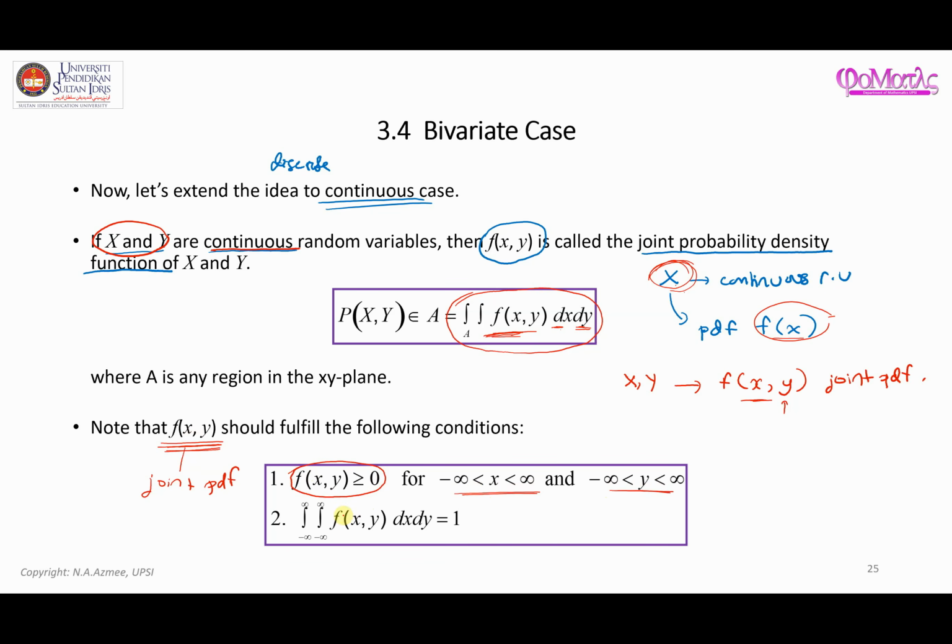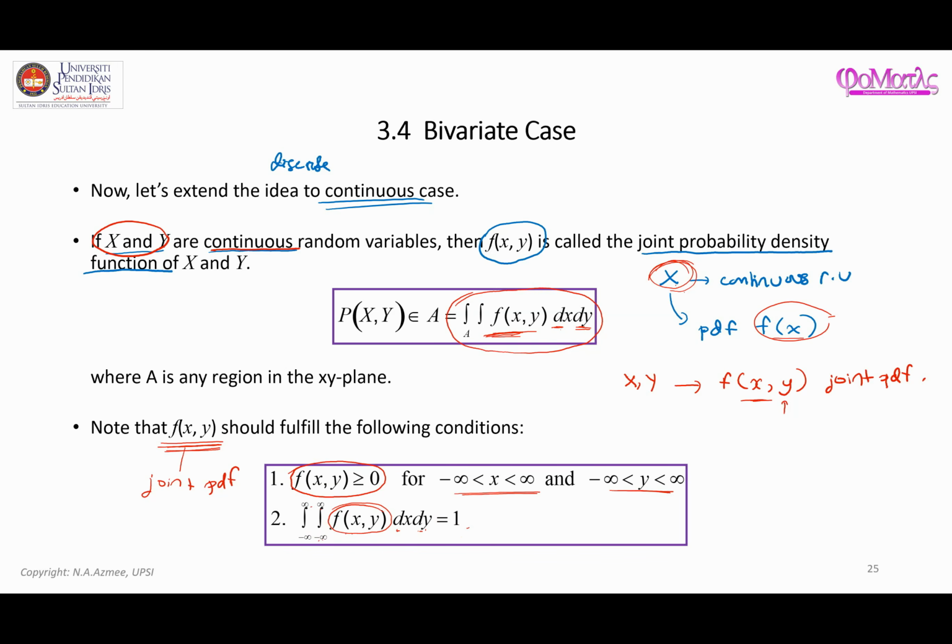And if you integrate this function twice with respect to x and y, with the limits from the defined range, the answer should be equal to 1.